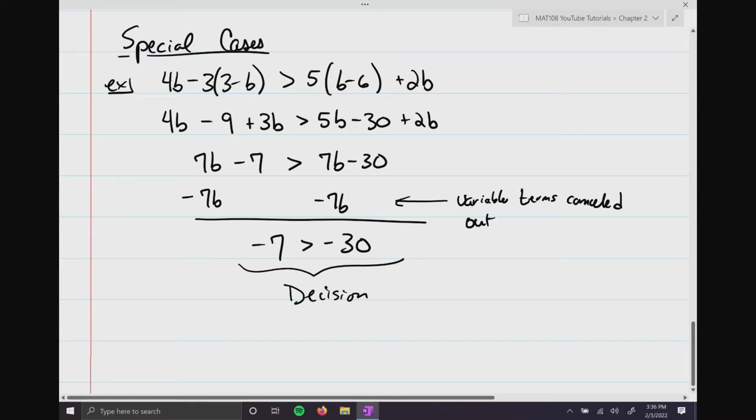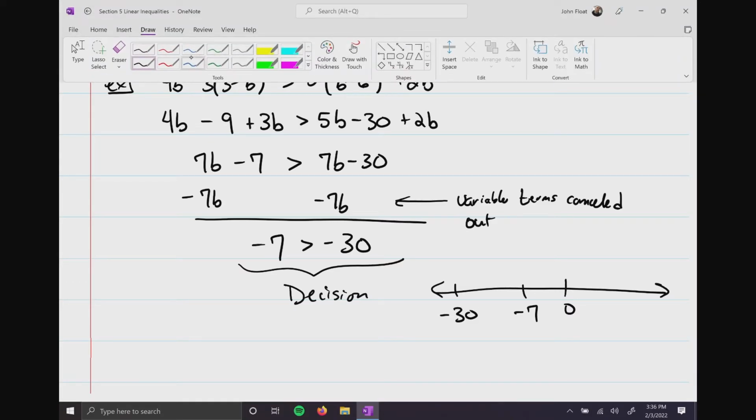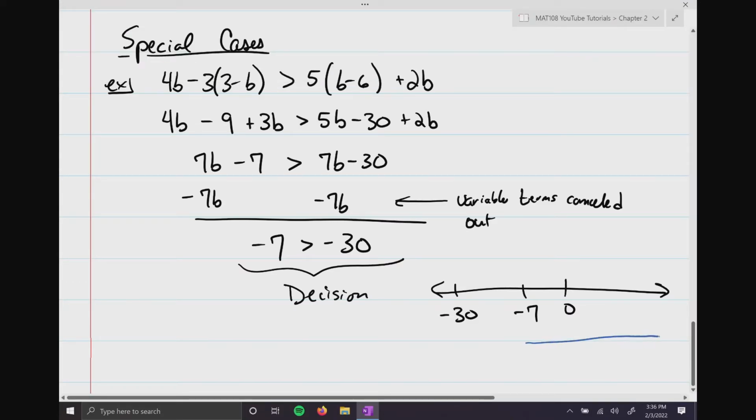So when you think about this, if you were to graph negative 9 and negative 30 on a number line, notice that negative 9 is to the right of negative 30. Also, we have to remember that the further you move to the right, the larger the values get. The further you move to the left, the smaller the values get.